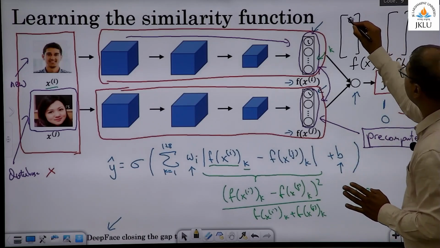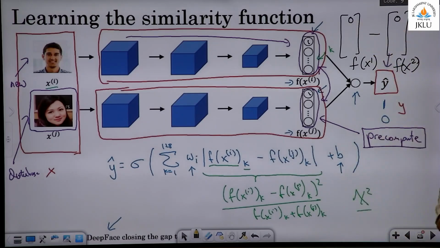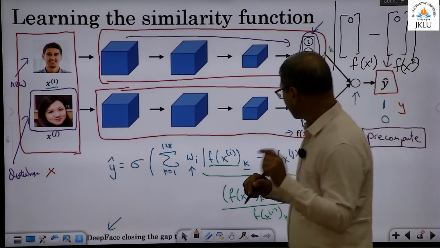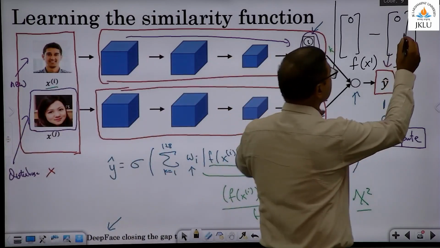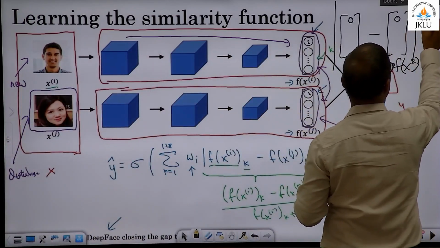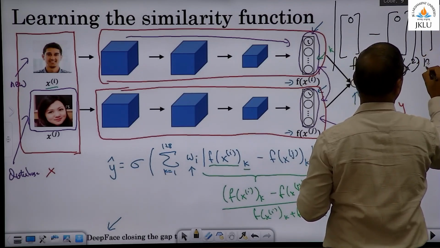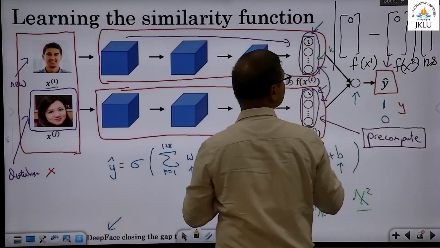So this element minus this element, take their difference, take their modulus, okay? So it's not exactly difference, it's basically modulus of this. Once you have modulus of this, basically this vector will again be a 128 size vector.